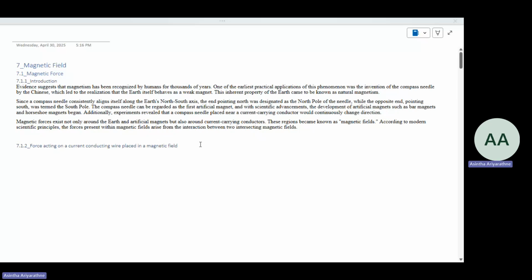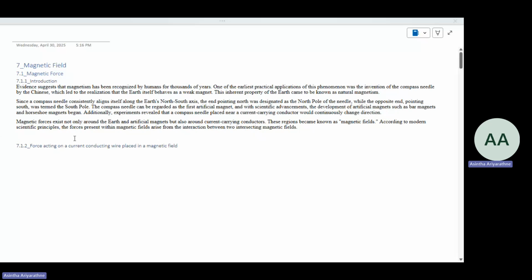So previously, in previous sessions, we discussed both gravitational fields, how they behave, and electrostatic fields as well, right? The last type of field that we are going to study and analyze is the so-called magnetic field.